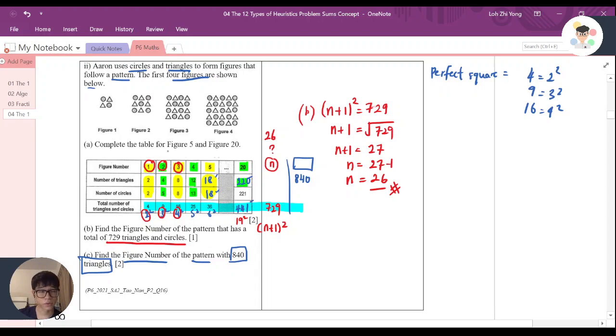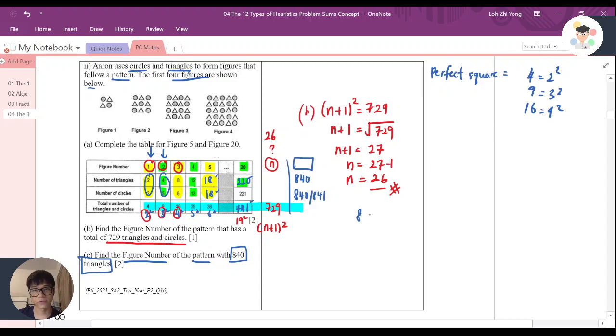Actually, we know that if it is an odd number, it will be the same. If it is an even number, there will be one unit higher. So you can just look here. Although we don't know whether it's an odd or even number, here will definitely be either 840 or 841. Correct? Let's try 840.